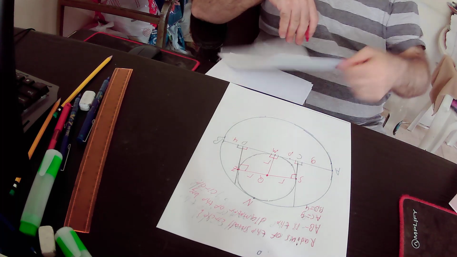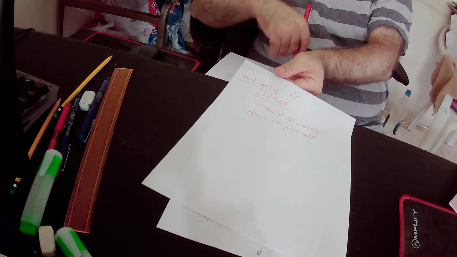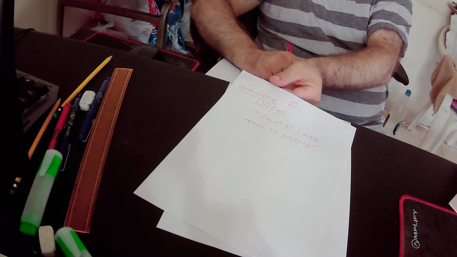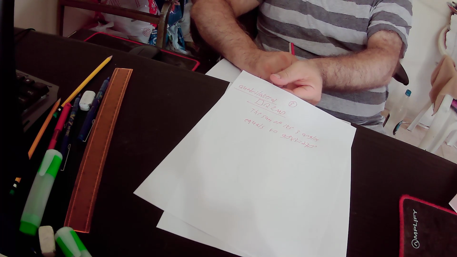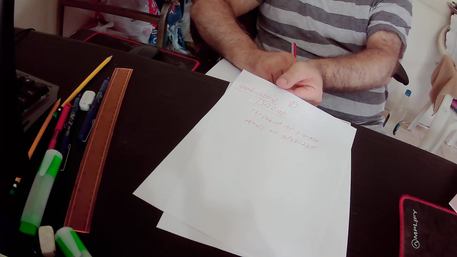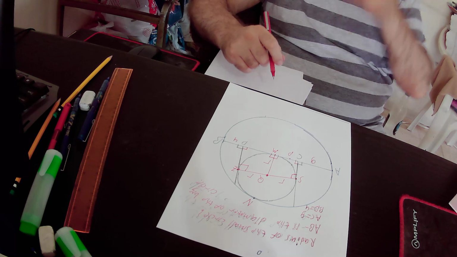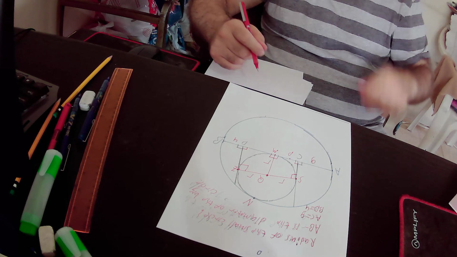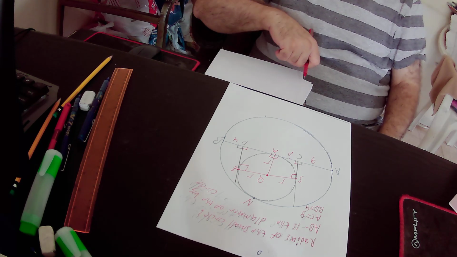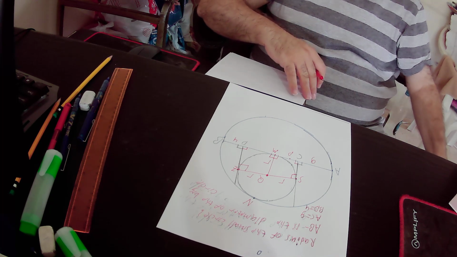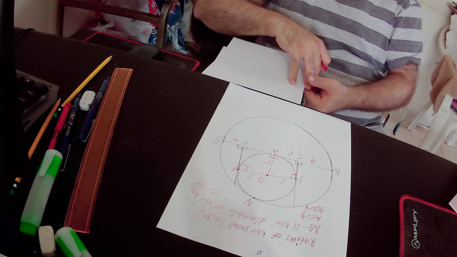Okay, the sum of its 3 angles equals 270 degrees, that is 90 degrees times 3 is 270 degrees, and we have a rule, number 2.